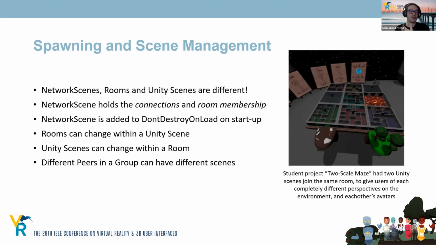And the various use cases you can imagine for this are, say, if you had a peer group that you wanted to move through different environments together, or say subsets of a peer group needed to have different views of the same environment. And this was used to great effect, as Anthony said earlier, by the 2-scale maze team, who actually created 2 different rooms at different scales, but the state of the equivalent objects was synchronized.